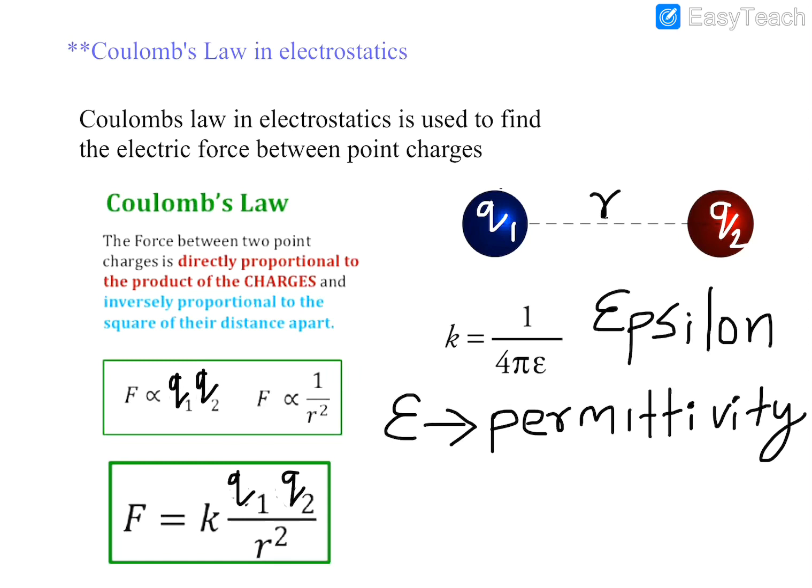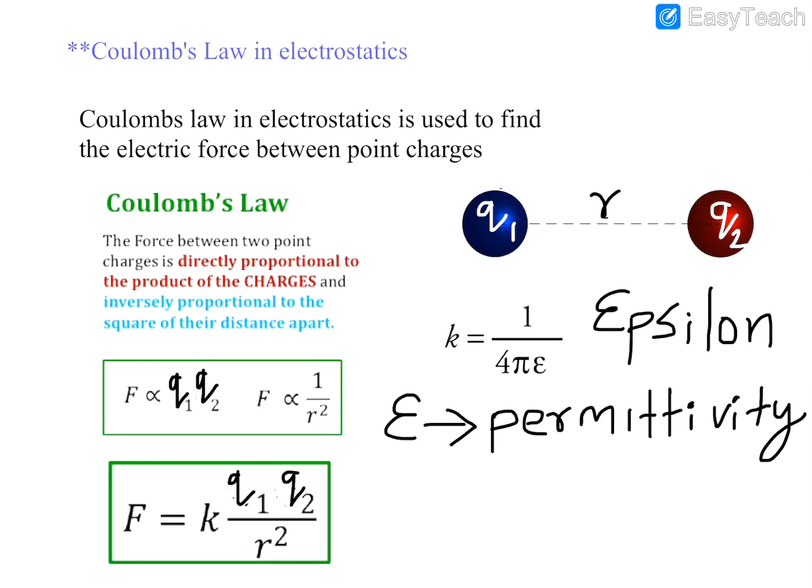Now in the case of air or vacuum, I will rewrite Coulomb's law. But before going on to that, I want to repeat it again. According to Coulomb's law, the force between two point charges is directly proportional to the product of the charges and inversely proportional to the square of their distance.